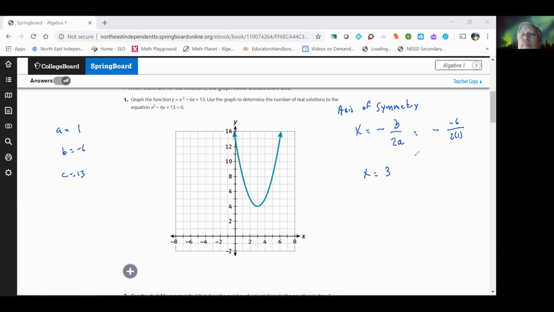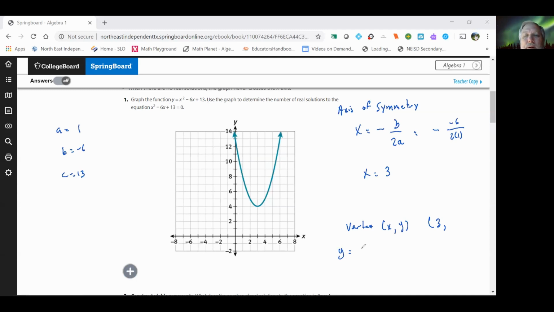So to find out what my y value is of my vertex, it's going to be x, y. We know that x is 3. To find our y value, remember the quadratic equation is y equals x squared minus 6x plus 13. So to find y, we simply plug in the x.